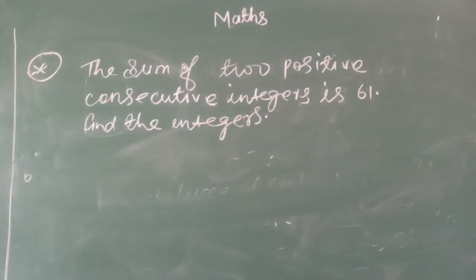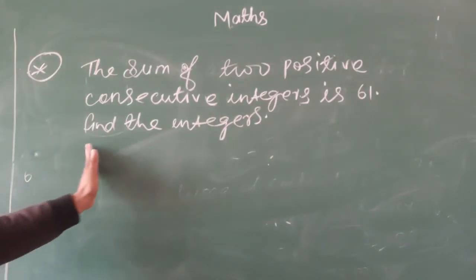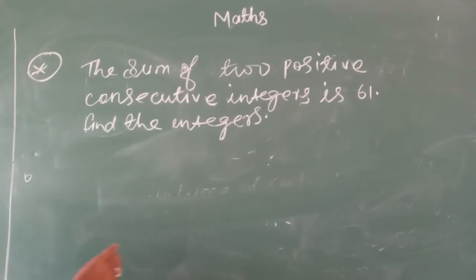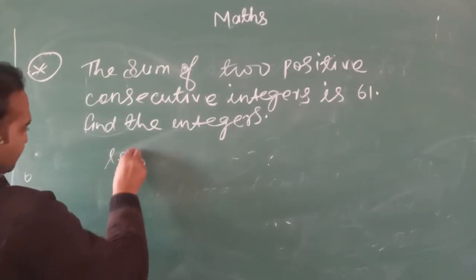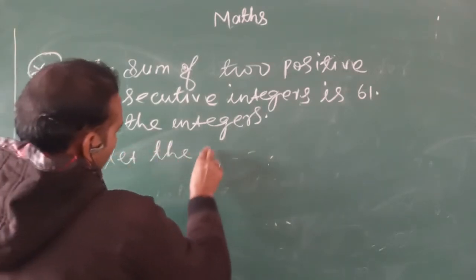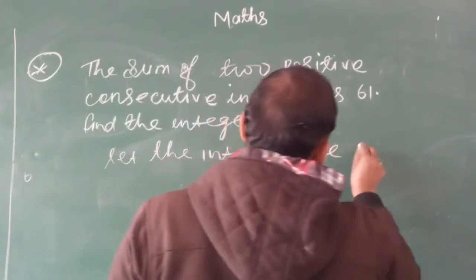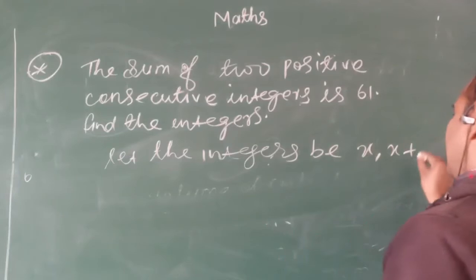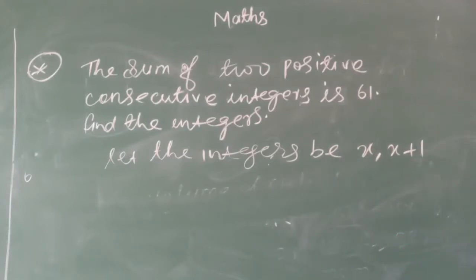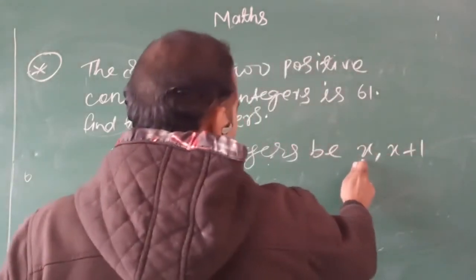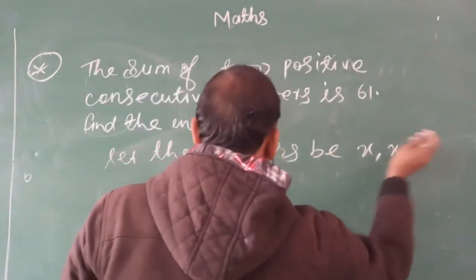How to find? At first, what is given: the sum of two positive consecutive integers. Let the integers be x and x plus 1. Consecutive means one after the first. The first is x, then the other will be x plus 1.